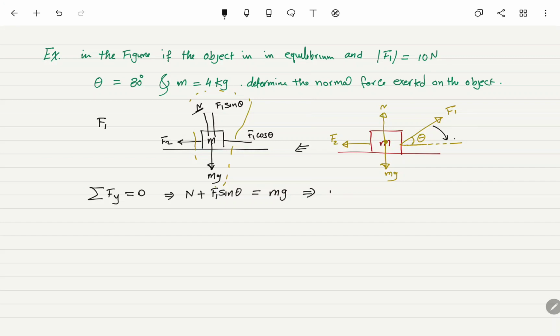In this case, normal equals mg minus F1 sine theta. m is equal to 4 and g is almost 10. F1 is equal to 10 and theta is 30, sine 30 equals 0.5. So 4 multiplied by 10 minus 10 multiplied by half. The normal force in this case equals 35 newtons.